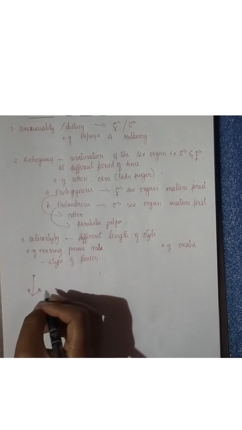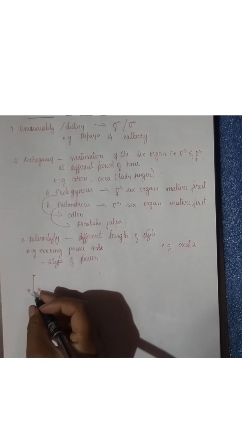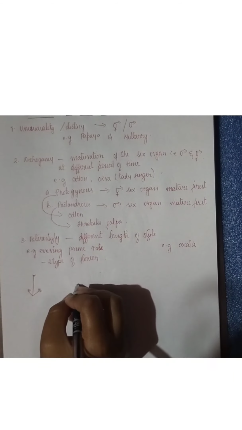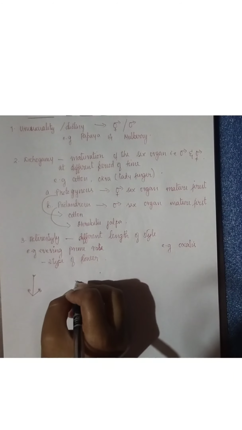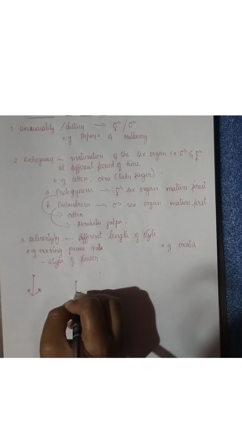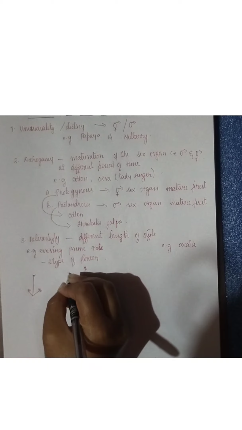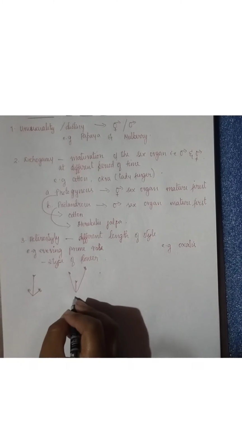This is one type of flower in evening primrose, and another type is where the gynoecium is short, but the androecium is long.